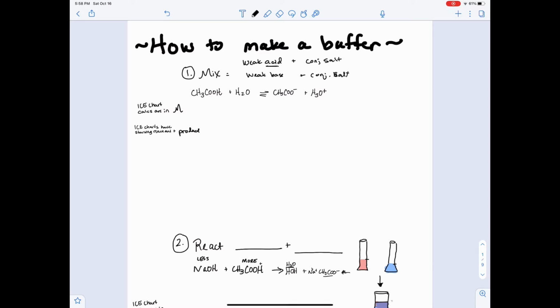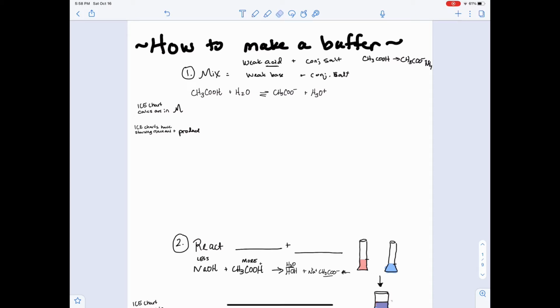So what are some examples of these? If you're thinking of weak acids, like CH3COOH, its salt is just the version of it without the H. So CH3COO minus, and then it's going to have something positive like Na or K, or even NH4 plus. Something positive is balancing that charge, and then it's a salt.